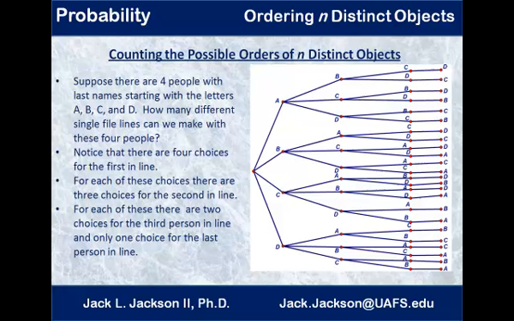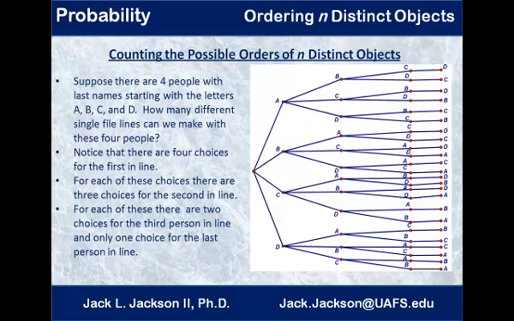Now, from our initial root vertex there, we go out and make our first choice, and we have a choice of either A, B, C, or D for the first person in line. But notice that once we choose the first person, let's say we chose person A, A cannot be the second, third, or fourth person in line. So we only have 3 choices now for the second person in line once we've chosen the first person.